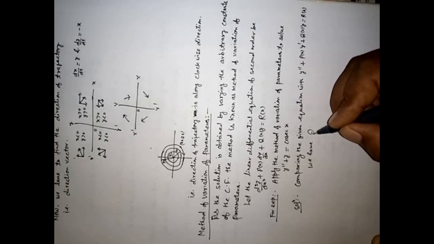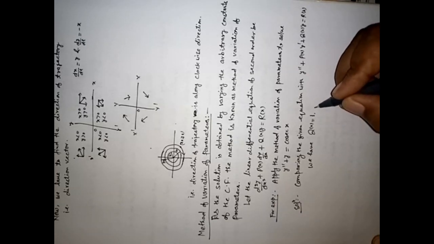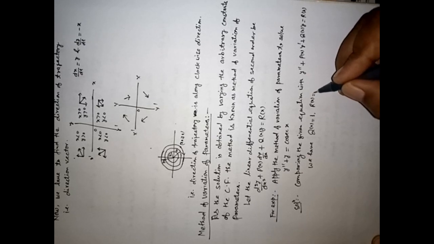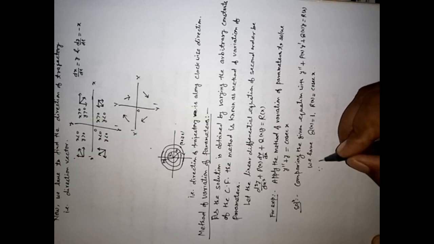We have px equal to 0, qx equal to 1, rx equal to cosec x, since y double dash plus y is equal to cosec x, or we write (D squared plus 1) y is equal to cosec x.